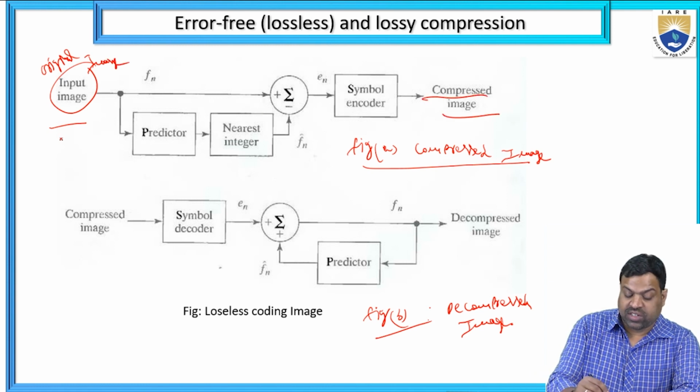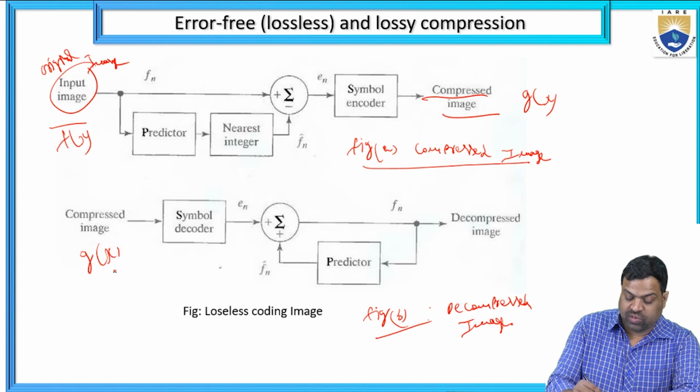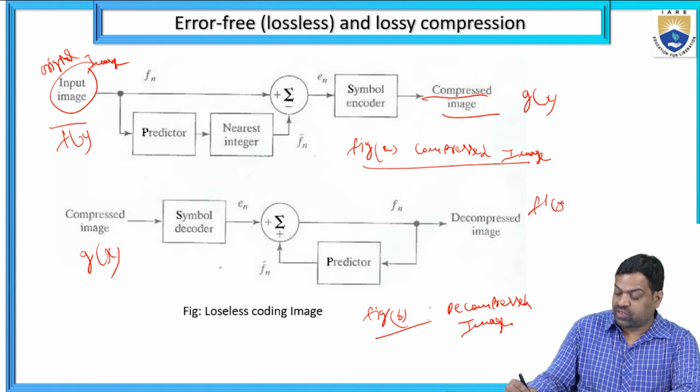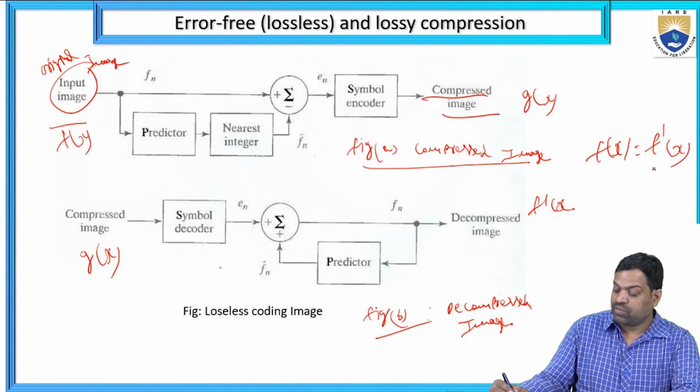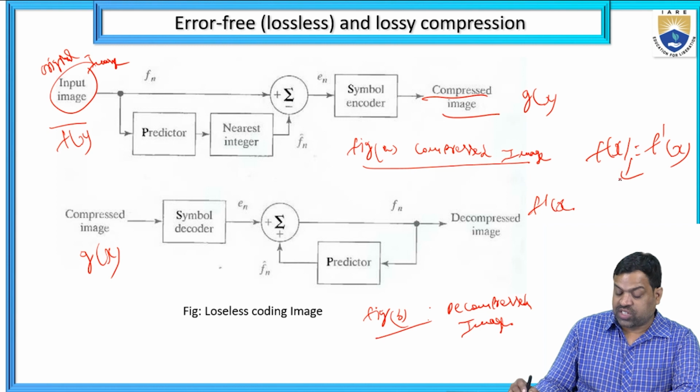Suppose the input is f of x, the compressed image is g of x, and the output is f dash of x. So finally we get f of x equal to f dash of x.